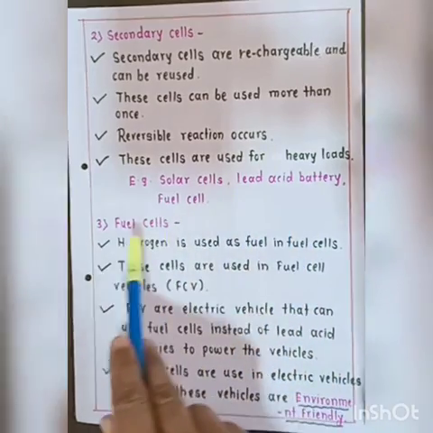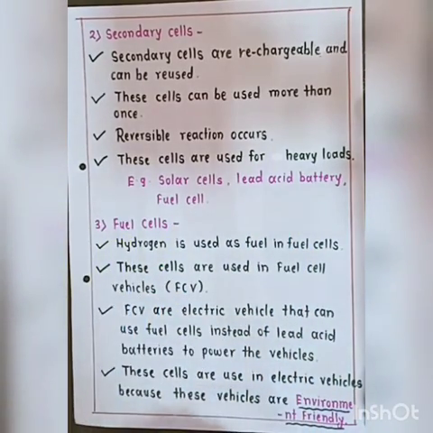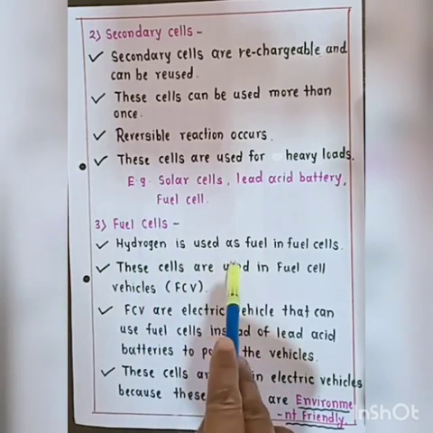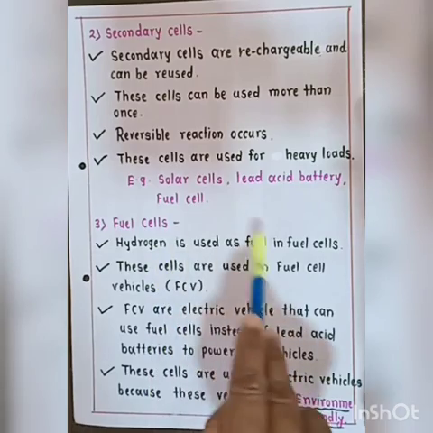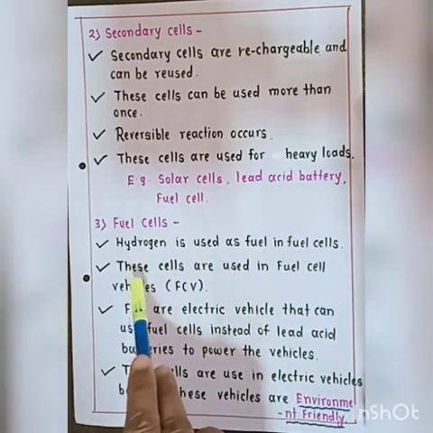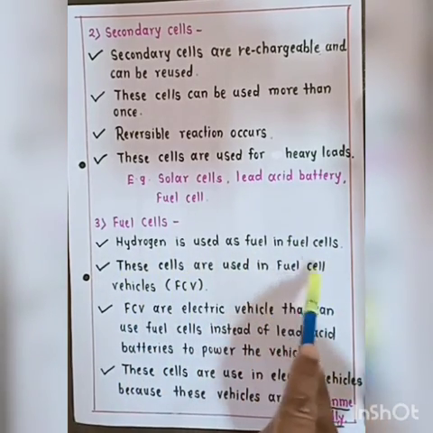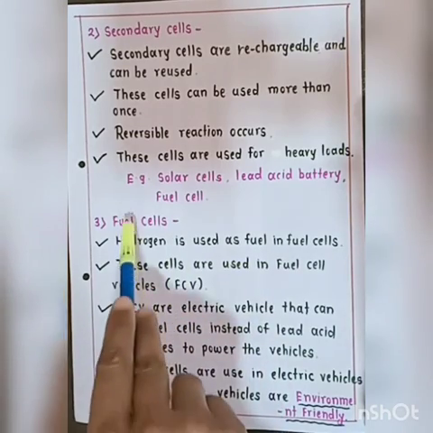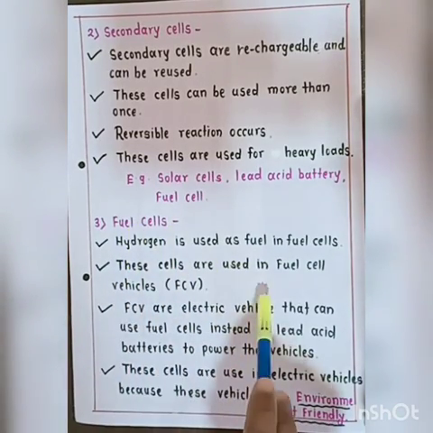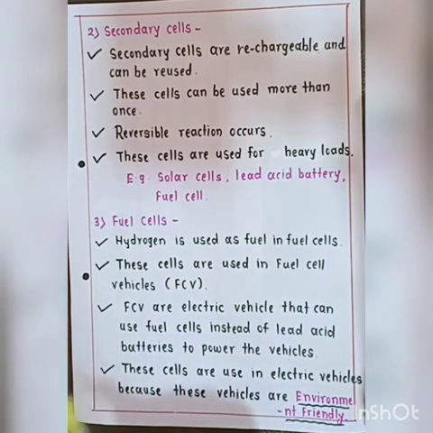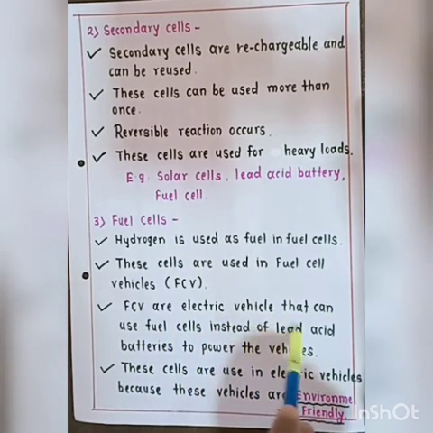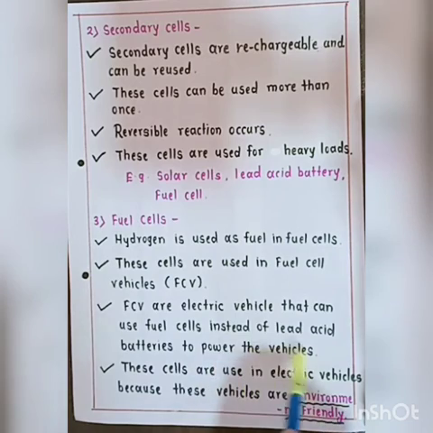Now the next type is fuel cells. Hydrogen gas is used as a fuel in fuel cells, and these cells are used in fuel cell vehicles, that is FCVs. These FCVs are electric vehicles that can use fuel cells instead of lead acid batteries to power the vehicles.